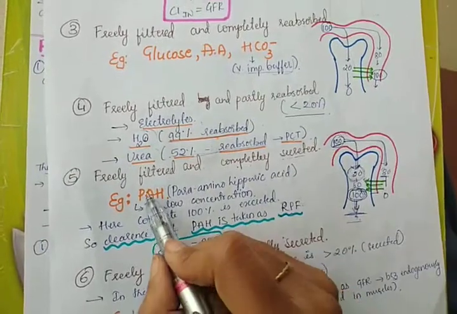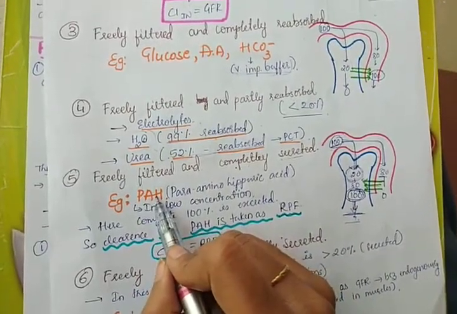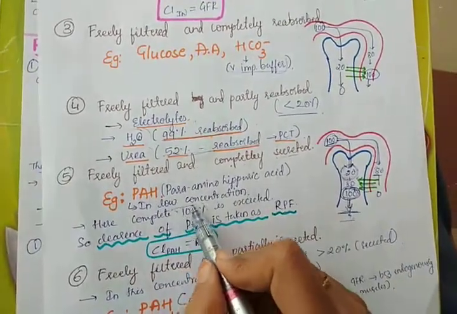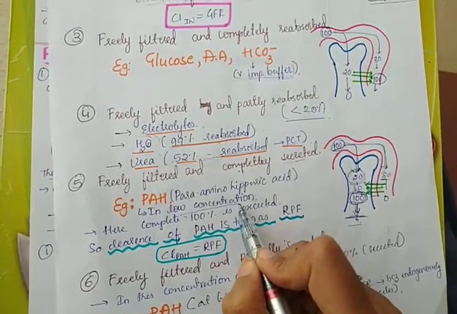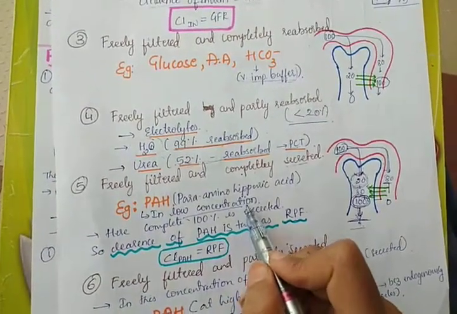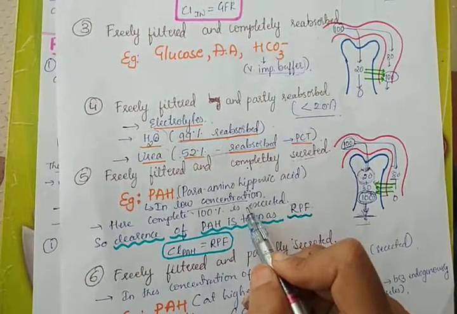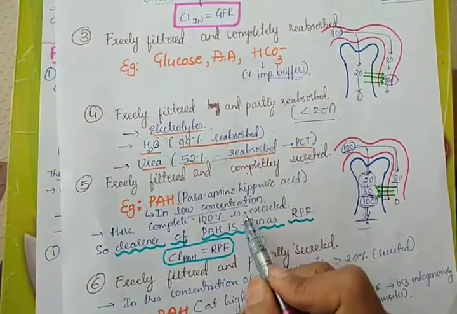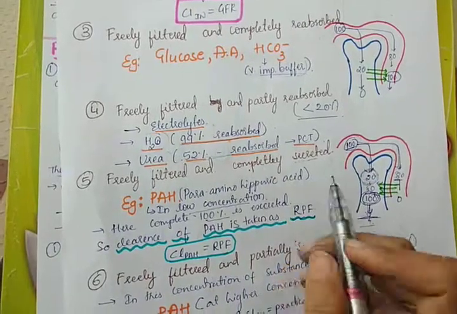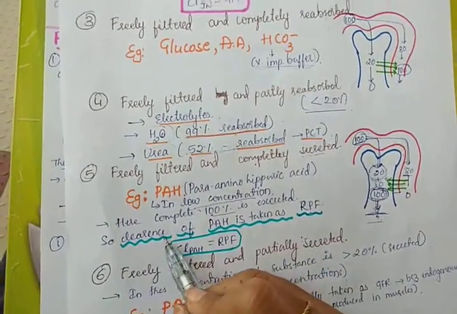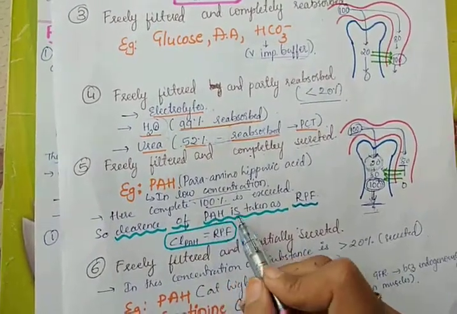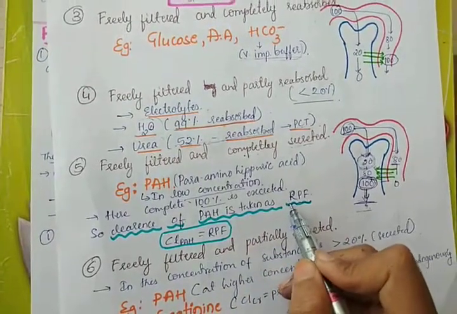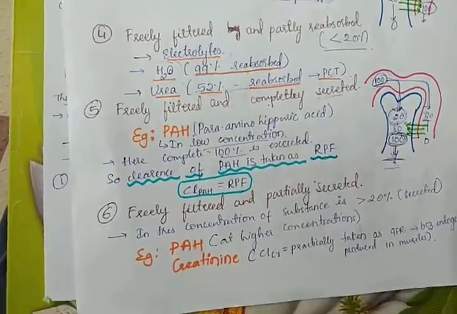Example for this is para-aminohippuric acid at its lower concentration. Through this we can calculate our renal plasma flow, as it is completely excreted through the urine. So clearance of para-aminohippuric acid is taken as renal plasma flow.